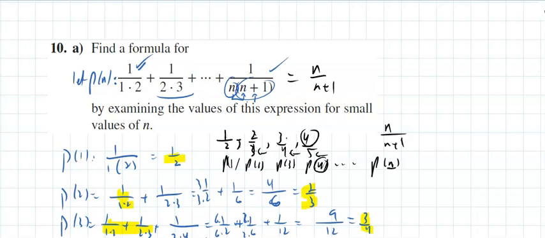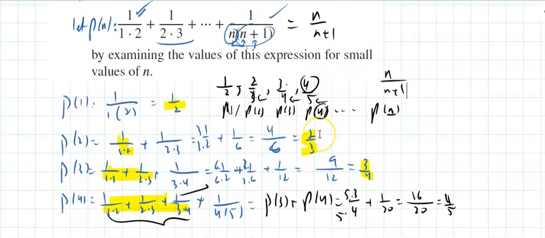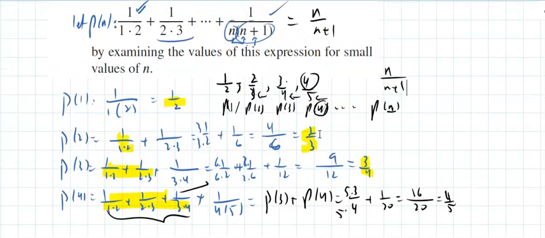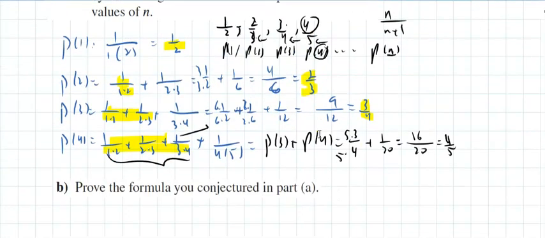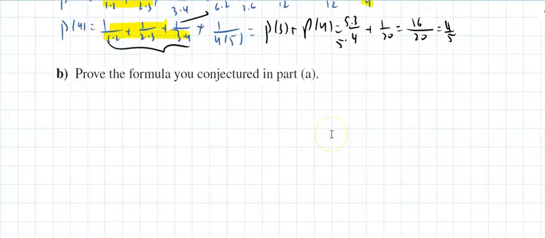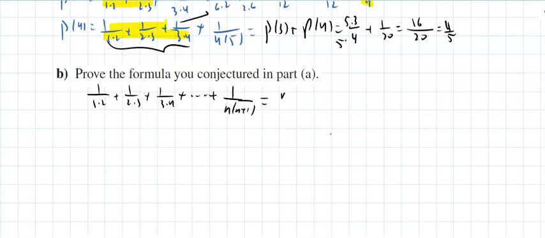Now we want to prove that. That's in part B. In part B, prove this conjecture. So let's make it official: 1 over 1 times 2 plus 1 over 2 times 3 plus 1 over 3 times 4 plus 1 over n times n plus 1 seems to equal n divided by n plus 1.